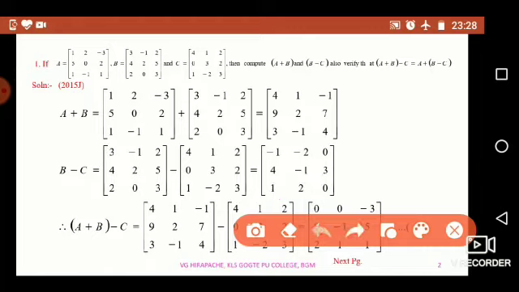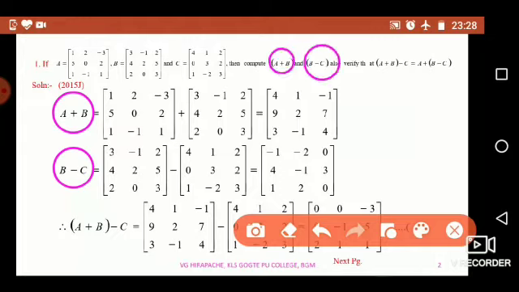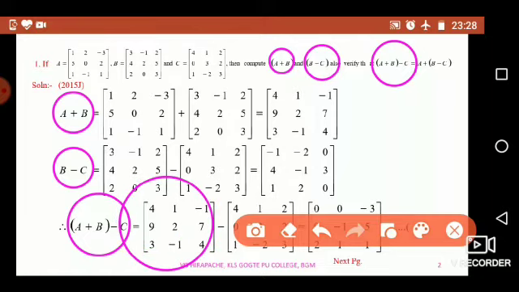My dear students, first we found A plus B, then B minus C. Now let me find out (A plus B) minus C. Our A plus B matrix contains the elements 4, 1, minus 1, 9, 2, 7, 3, minus 1, 4.